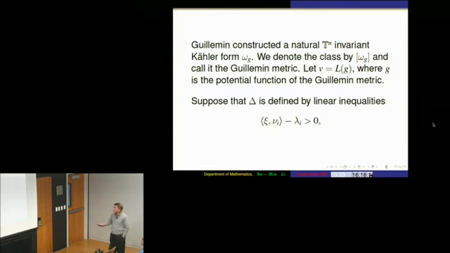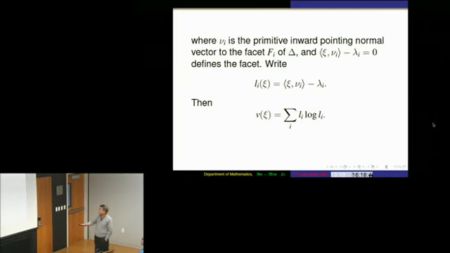Guillemin constructed a natural T^n invariant Kähler form denoted by omega_g, and let v equal to Lg, where g is the potential function of the Guillemin metric on the log affine coordinate. Suppose that delta is given by linear inequalities, the Delzant polytope, where mu_i is a primitive inward pointing normal vector to the facet F_i.